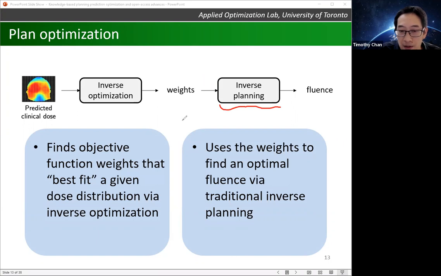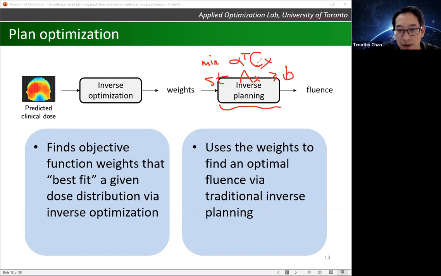So the optimization model would have been a linear programming model. It would look something like this.